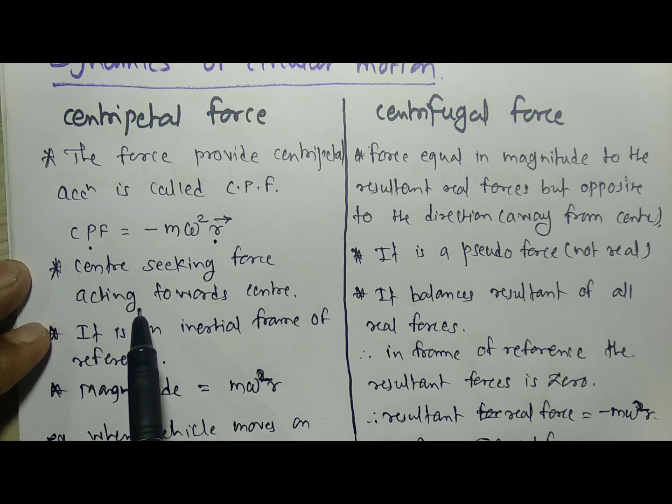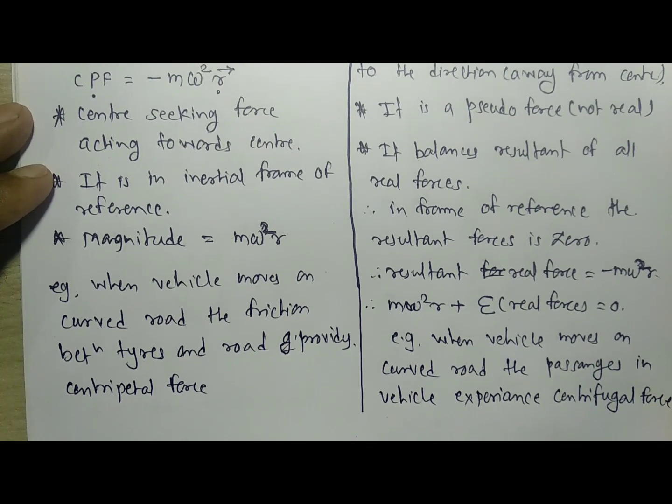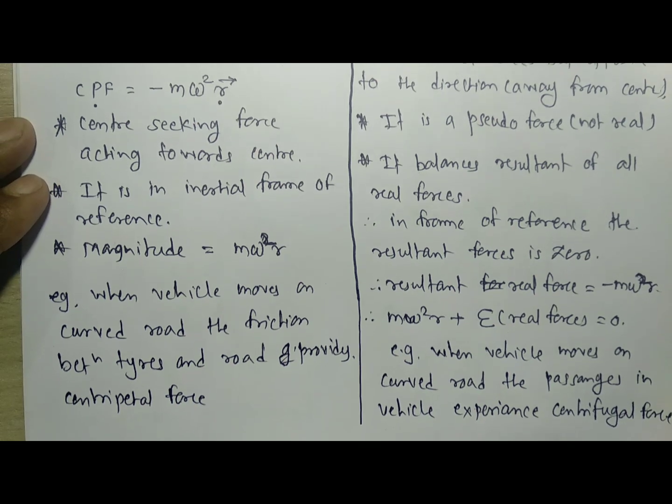Centripetal force is a center-seeking force. That means it is acting toward the center, and it is in an inertial frame of reference. Its magnitude is m omega square r. And when a vehicle moves on a curved road, the friction between tires and road gives the centripetal force, which is necessary for moving the vehicle on the curved road.